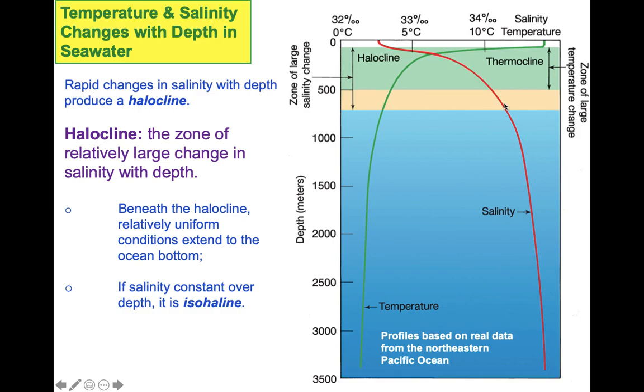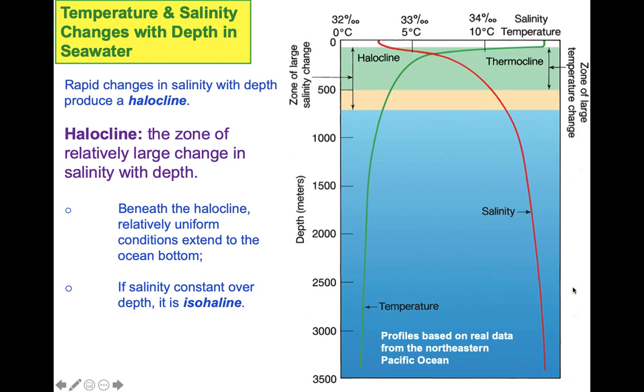And you realize that the halocline and the thermocline curves are mirror images of each other. With depth, the temperatures are decreasing, but with depth, the salinity of seawater is increasing.